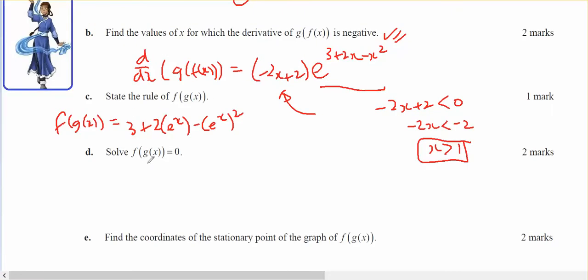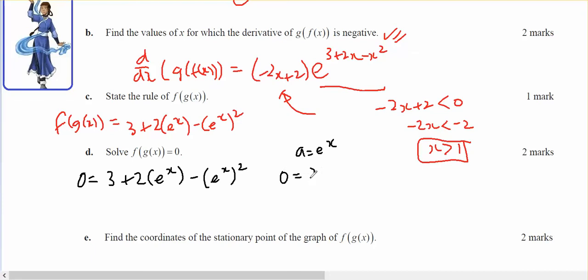Okay, so f of g of x, which is what this is, equals 0. So I can recognize that as being a disguised quadratic. So if I let a equal e to the x, I've actually got 0 equals 3 plus 2a minus a squared, which is the same as a squared minus 2a minus 3.